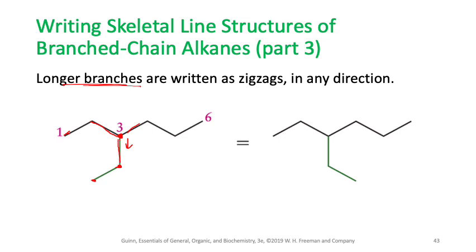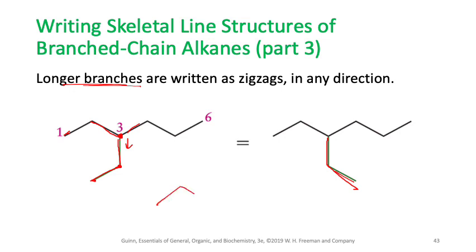So these 2 carbons can go in either direction. I can go down and move the direction over here, or we can go again down and I can make the direction of the second carbon on the other side, right? So it doesn't matter which direction you are making a branch if that branch contains more than one carbon atom, right?